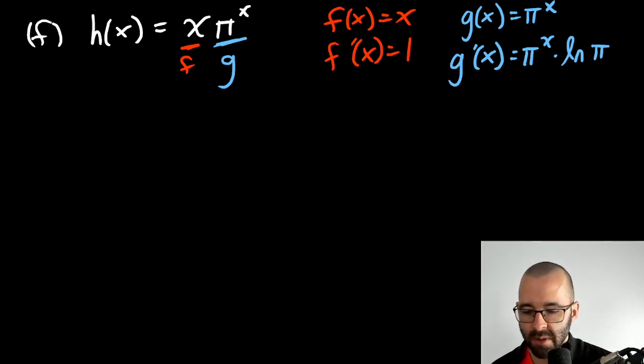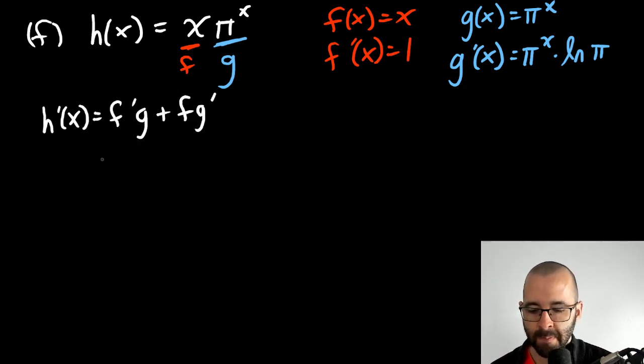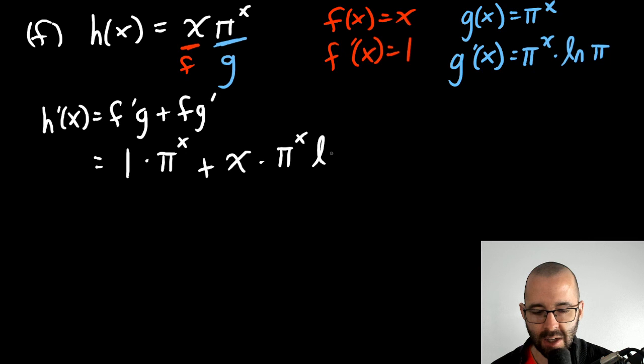Now we use the product rule. h prime of x is f prime g plus f g prime. f prime is 1 times g, which is pi to the x, plus f, which is x, times g prime, just pi to the x times the natural log of pi. And now we can clean things up a little bit.